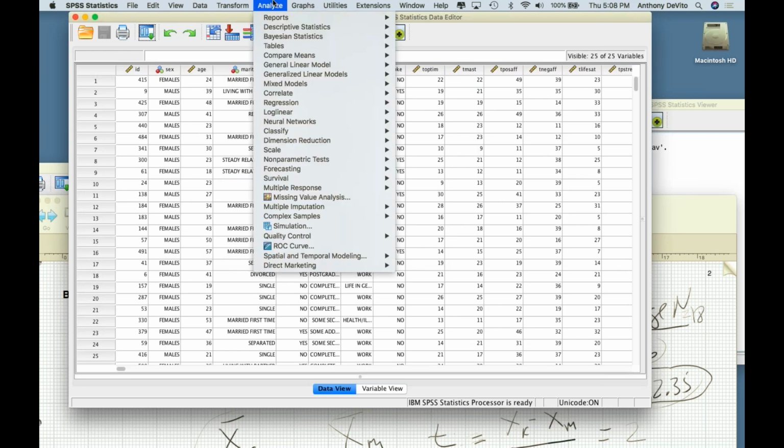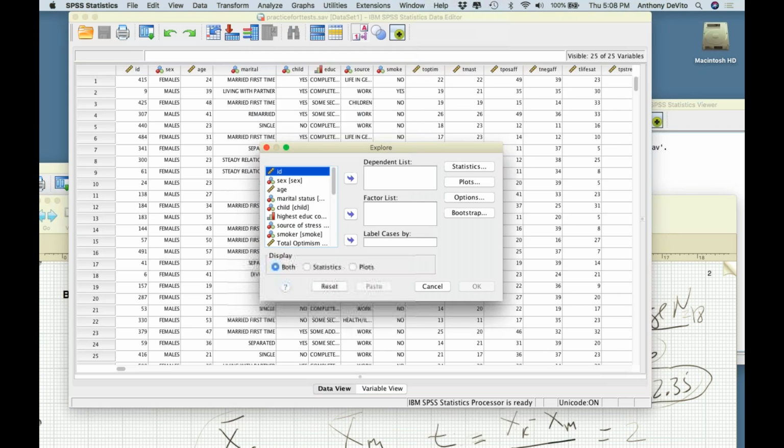If I go one jump down to Explore, well, now I can tell it. The dependent list is the variables I'm going to work with. So I'm going to find the mean for age, but I'm going to factor it into two groups, and those two groups are going to be sex or gender. And I'm going to put that into the factor list.